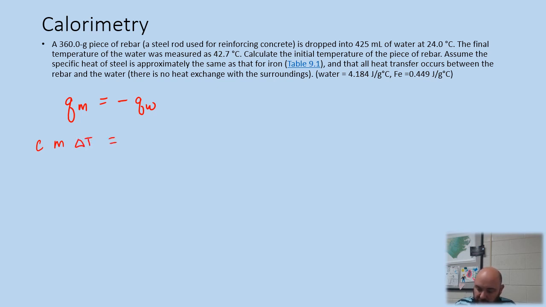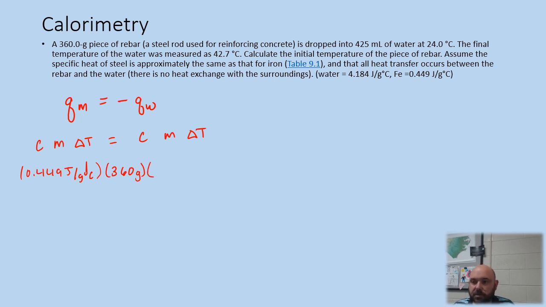And on this side, we would have C times M times delta T, all for the water values. We'll fill in what we know. C for the iron is 0.449 joules per gram degree Celsius. The mass of the metal is told to be 360 grams.